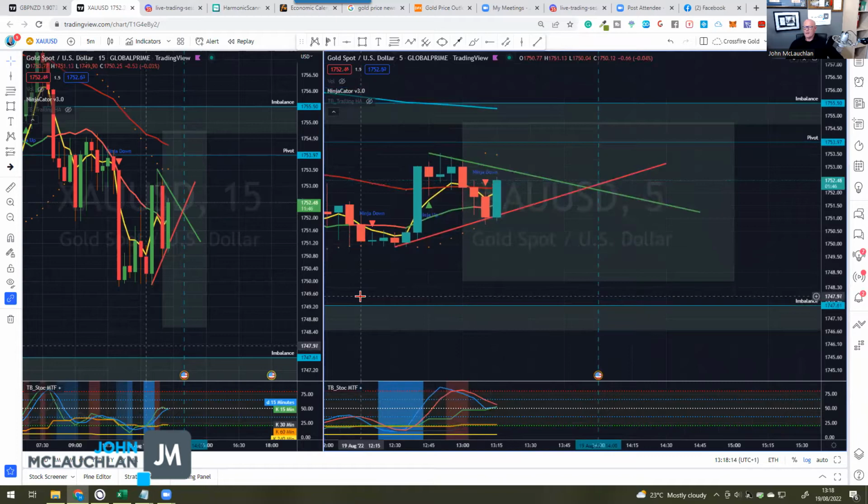But usually it's 13:30 when the news kicks in, and I'm always pretty cautious. Maybe we can get a trade in before 13:30, but I think certainly if price is going in our way and all conditions are met, then I think prior to the news could be considered as well.